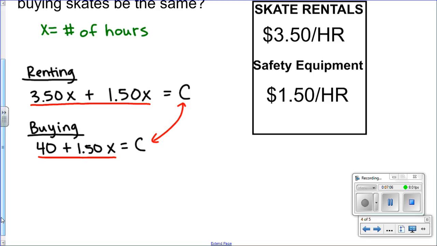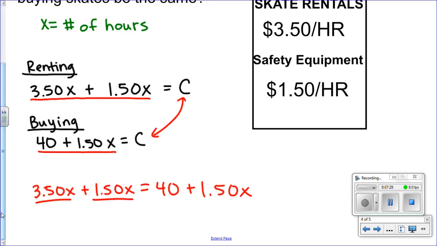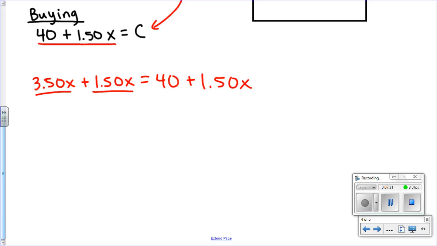So that's going to give me 3.50x plus $1.50x equals 40 plus $1.50x. Okay. So on the left side of my equal sign, I have some like terms to combine. Those both have x's. So 3.50x plus $1.50x would be 5x.